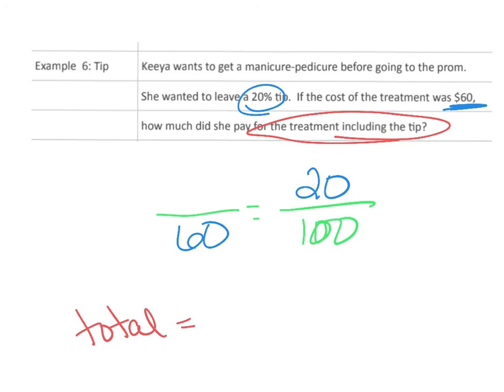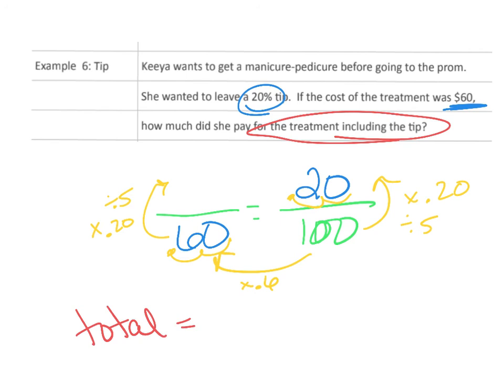Okay, so let's see. I can do 100 times 0.2, or 20 hundredths, or divide by 5. Either way will work. I can do it this way, multiplying by 6 tenths, because I'm turning these into decimals. I can divide by 5 because that works, or I can multiply by 20 hundredths.